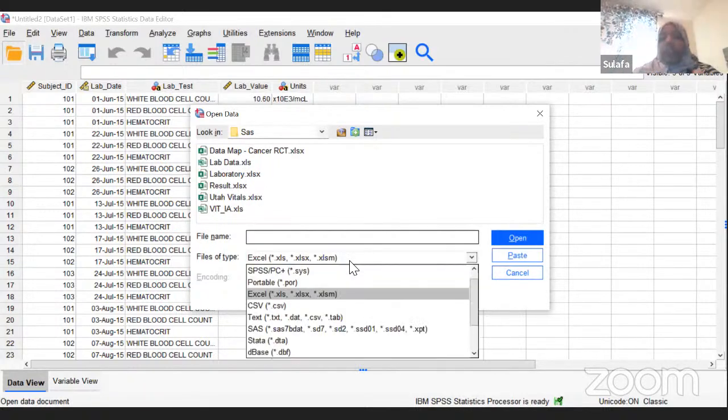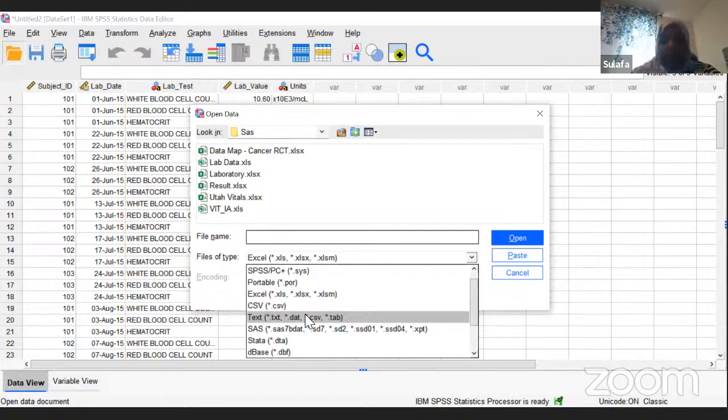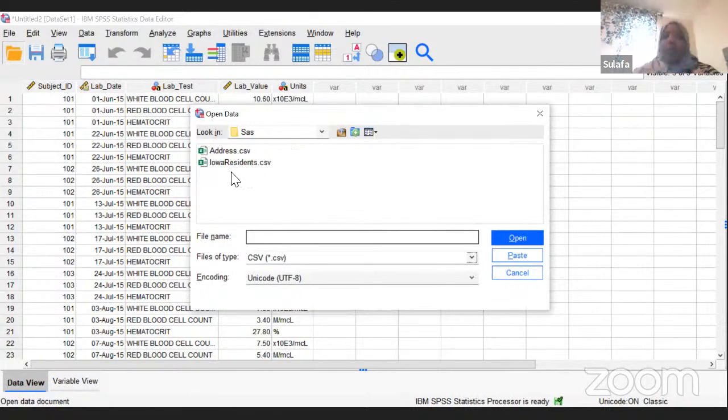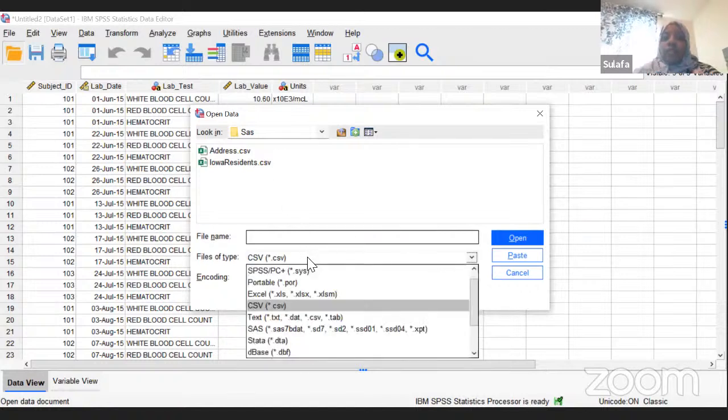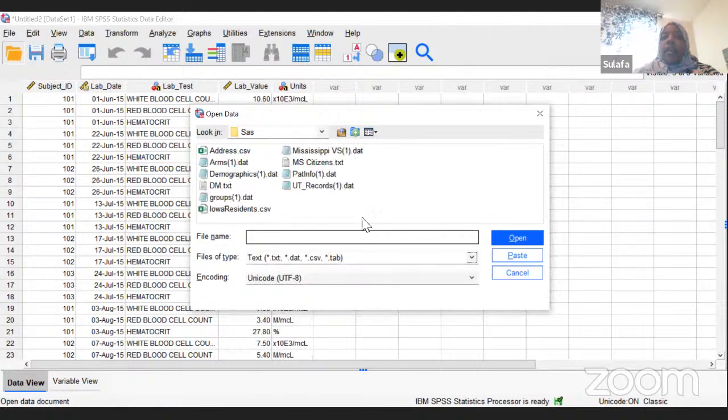If I change it, I have some CSV also, it brings your CSV file, and you can change also to text or anything, and all the files on my laptop appear here, so I can choose which one I want to analyze and just open it here.